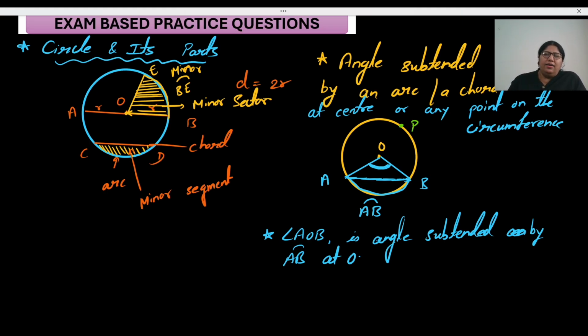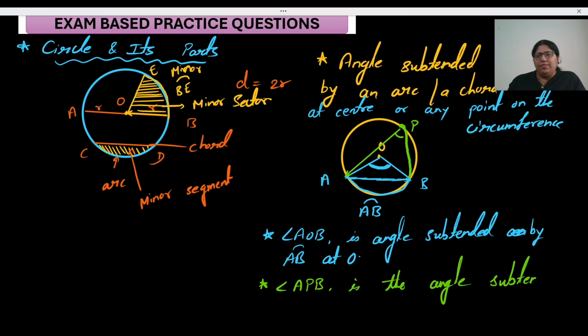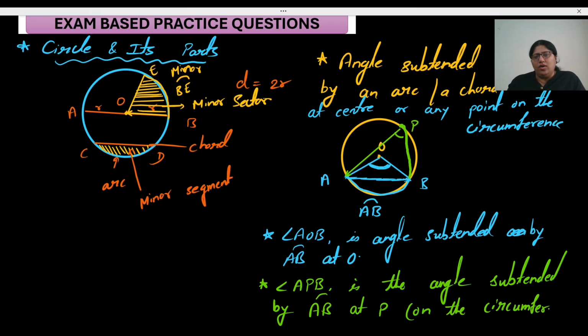Now, arc AB, if I join A to P, and here B to P. Now you can see that this angle, called angle APB, is the angle subtended by arc AB at P, which is on the circumference, because P is a point on the circumference.